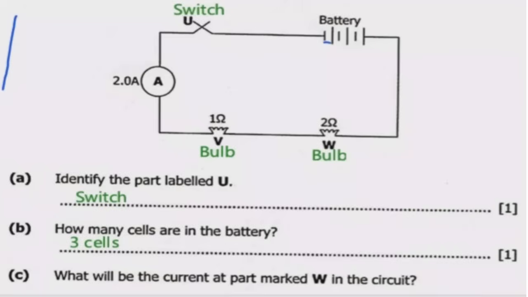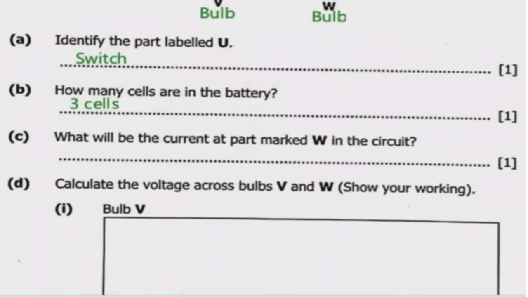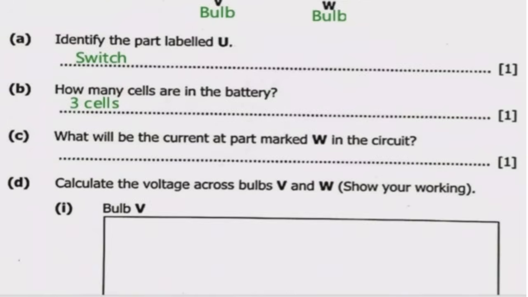The question is what will be the current at the part marked W in the circuit?